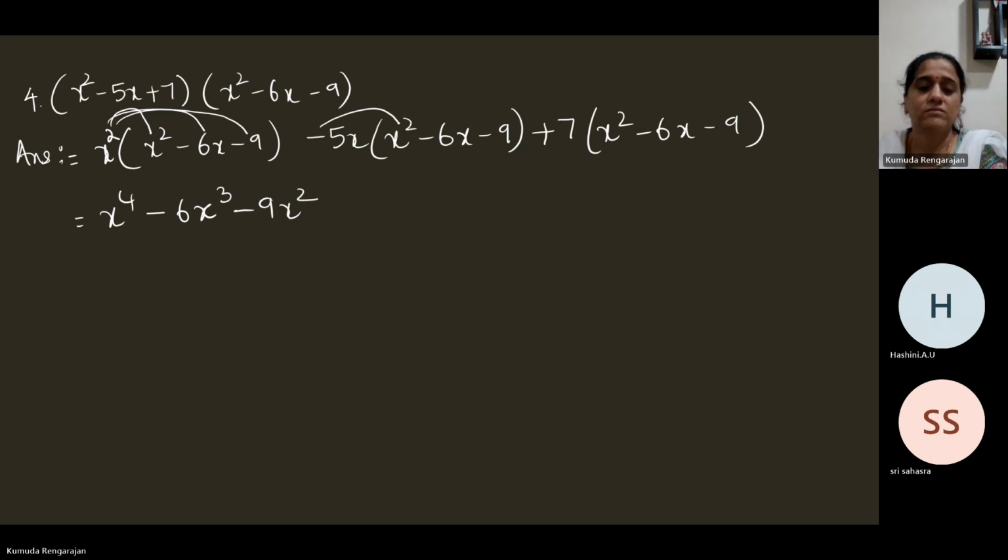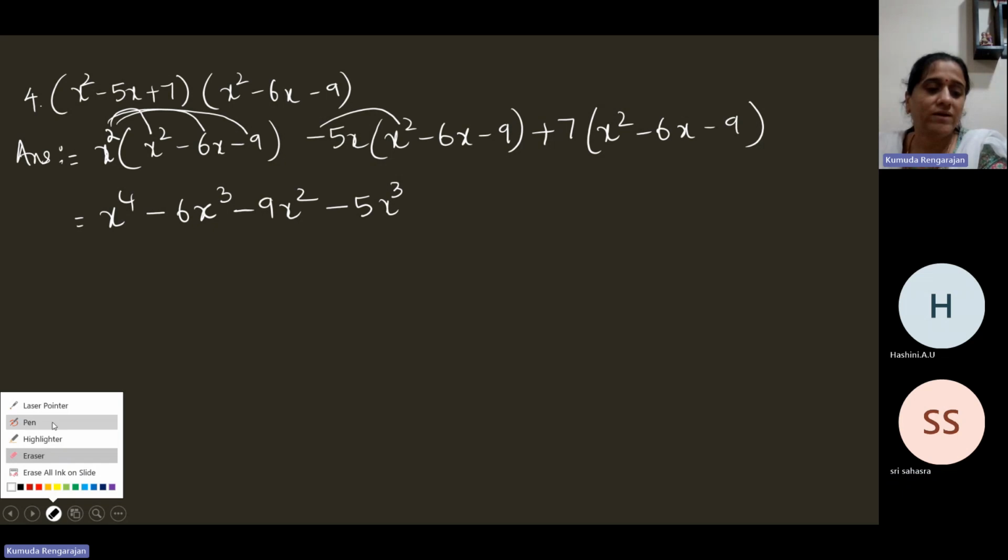Then plus, minus 5x to the power 2. Sorry, 3. Plus 30x square. Why plus?